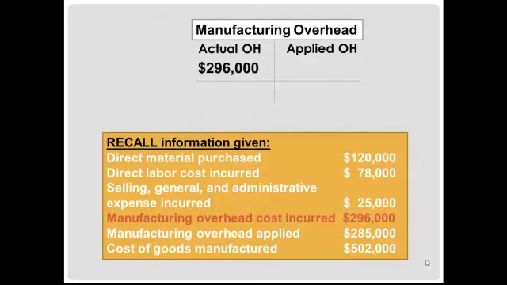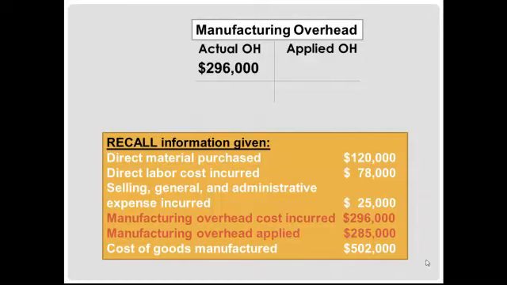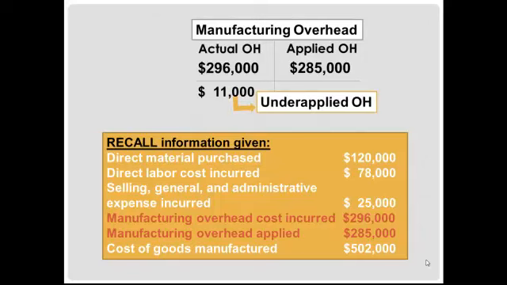Manufacturing overhead cost applied to production is 285,000. That leaves us an $11,000 debit balance. That means we did not apply enough overhead. Overhead was underapplied by $11,000.